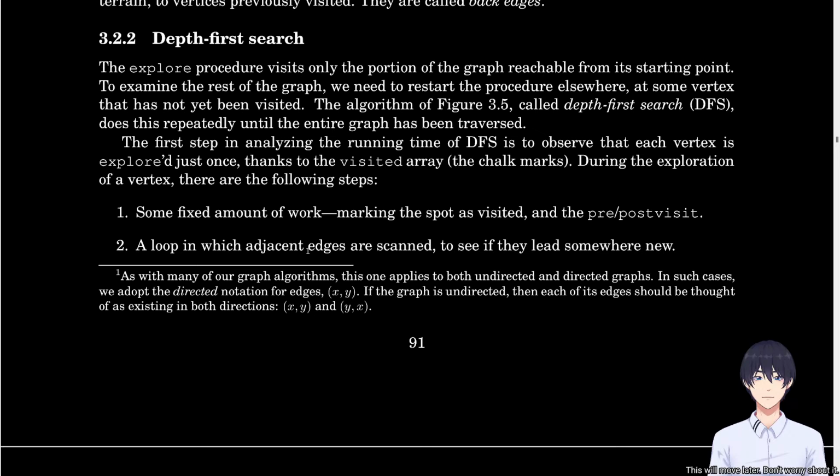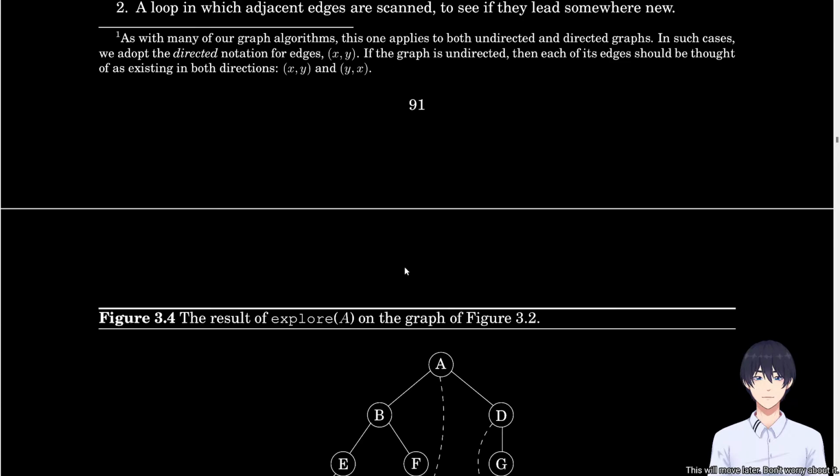So that's the number of edges. So is it O of the number of vertices multiplied by the number of edges? No, it is the number of vertices plus the number of edges.